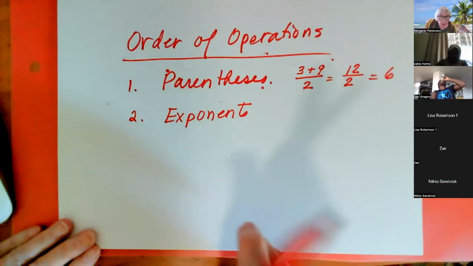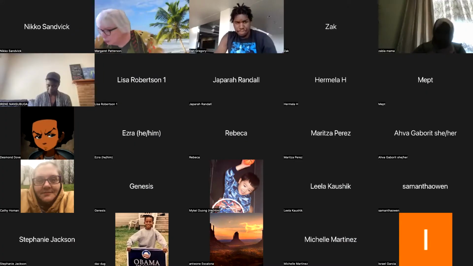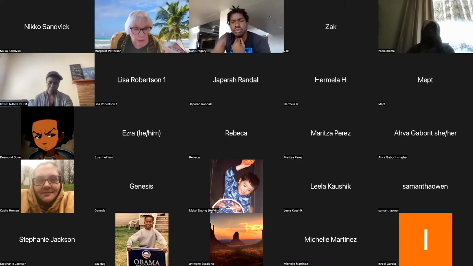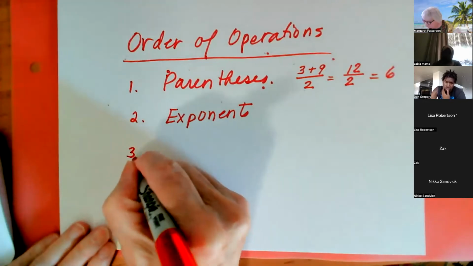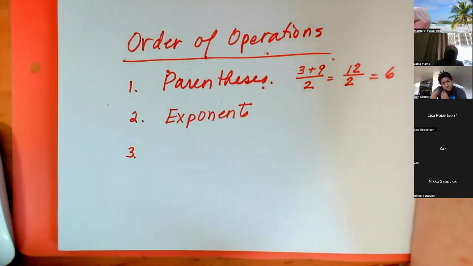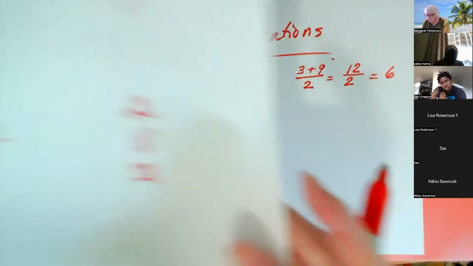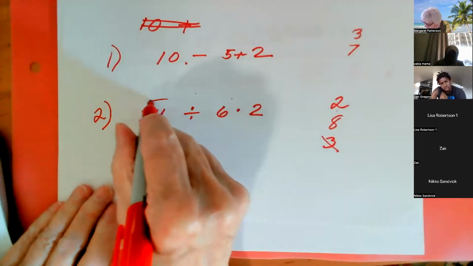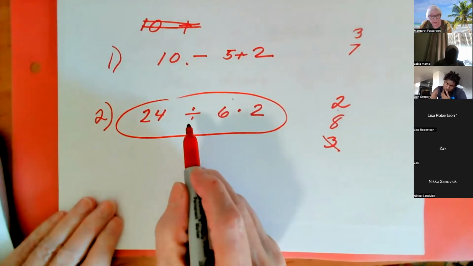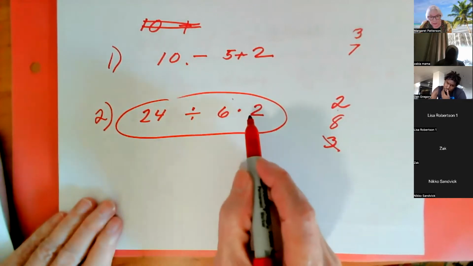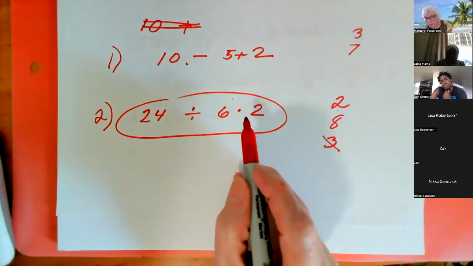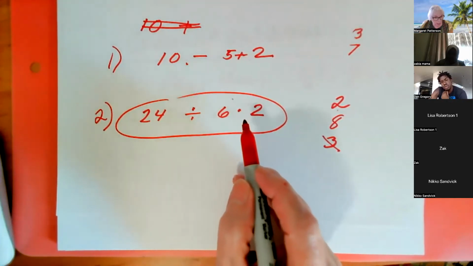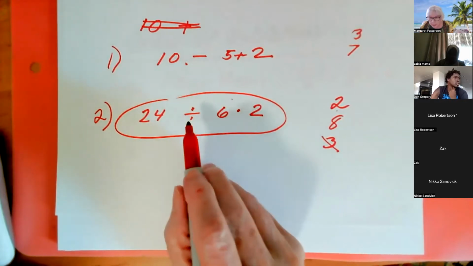Now, the next part had to do with one of the problems I gave you. It had to do with this one. This is divide. This is multiply. Many people think multiply is much better, much more important than divide.